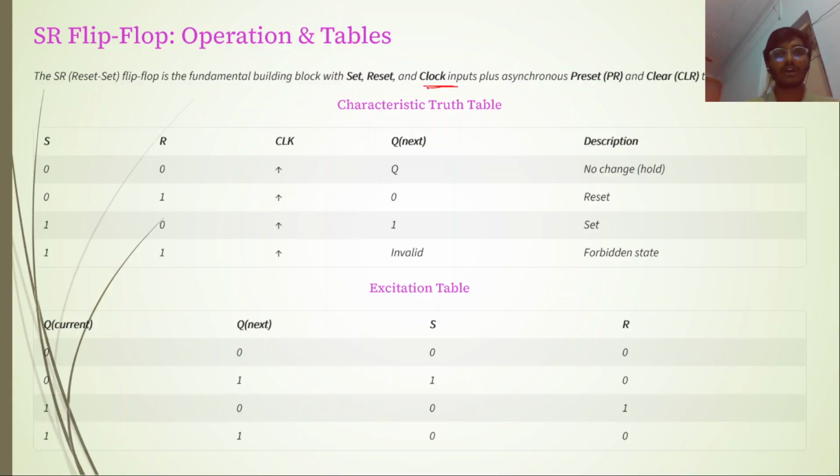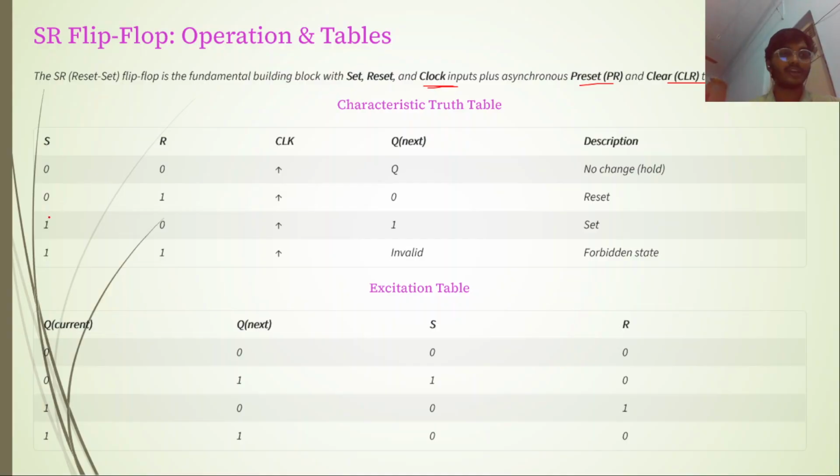Asynchronous preset and clear terminals are also available. S and R inputs take 00, 01, 10 and 11 with the clock on. When the clock is on and S and R are both 0, the next state Q equals the present state.